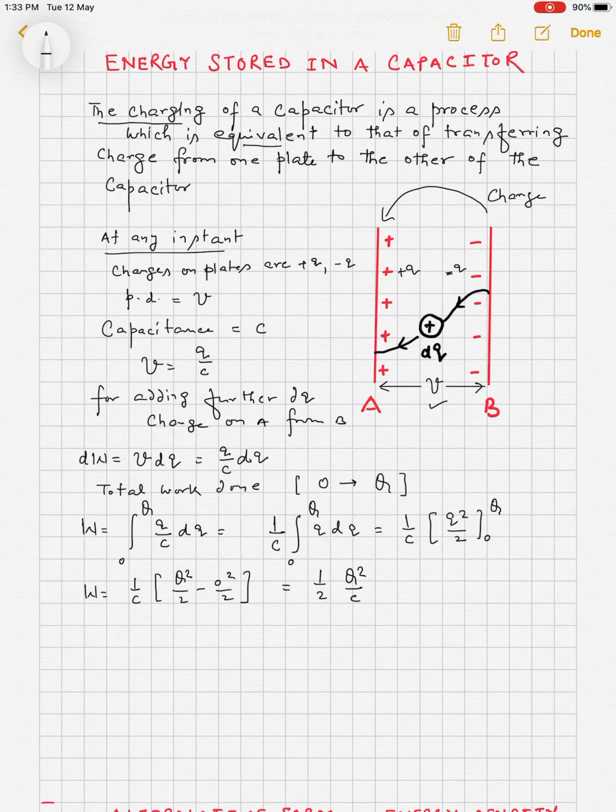So this work is stored in the form of electrostatic potential energy.